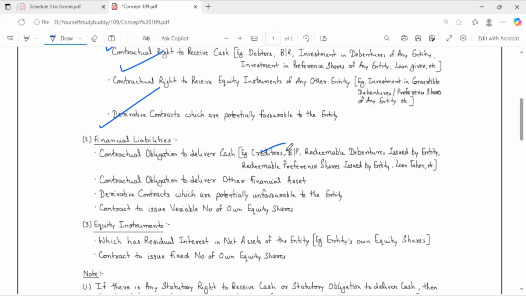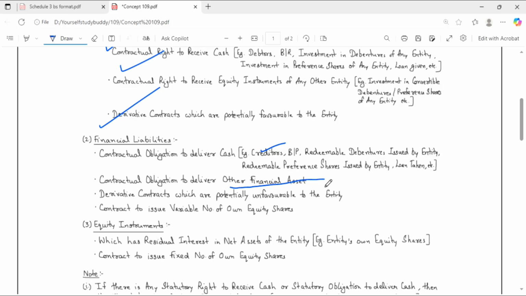Then there is a contractual obligation to deliver other financial assets. Suppose I have purchased some goods from my vendor, for example for rupees 2 lakh, and I told that vendor that I don't have cash to pay you, but I have made an investment in Reliance shares, so I am going to give you those shares, suppose in 1 month.